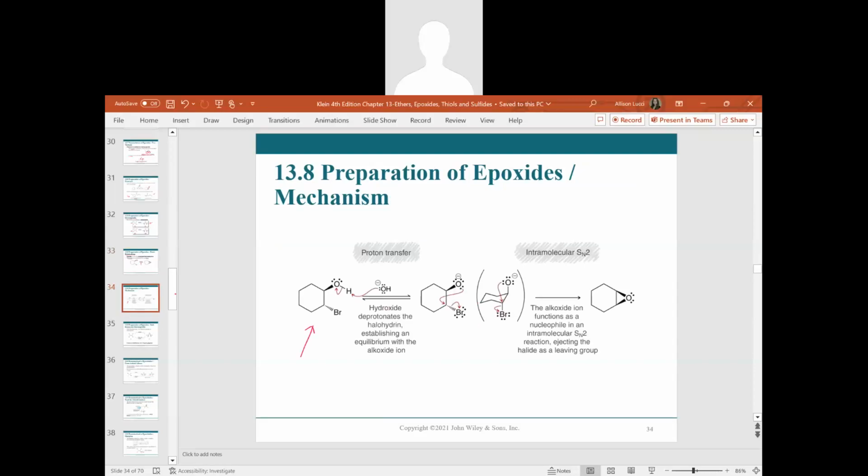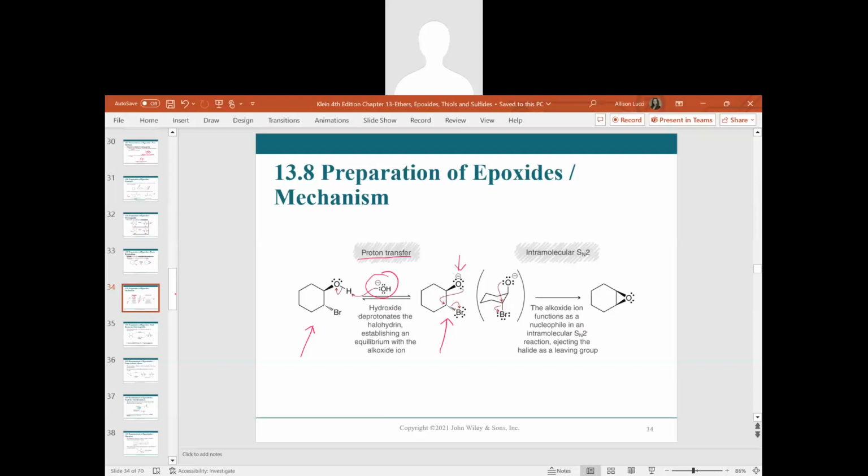We can perform a proton transfer by using that hydroxide ion to deprotonate our halohydrin, and then we have this alkoxide ion that forms.